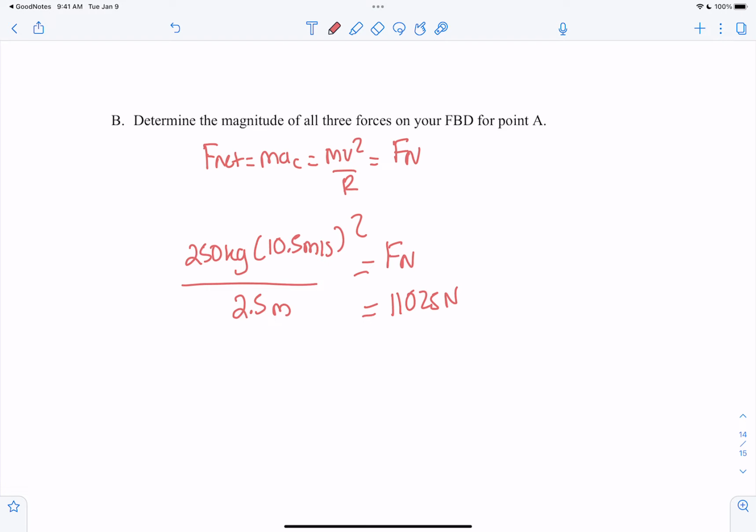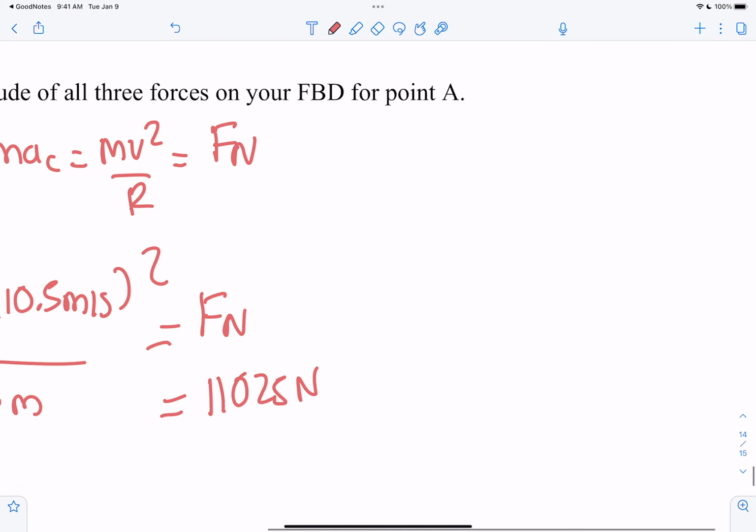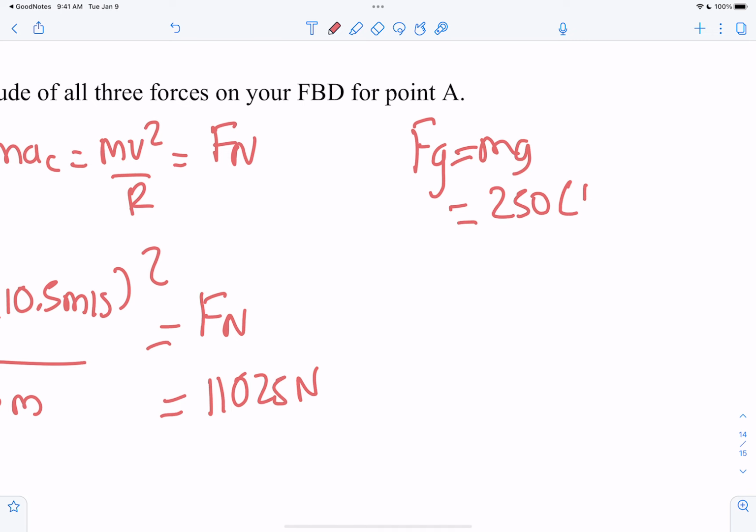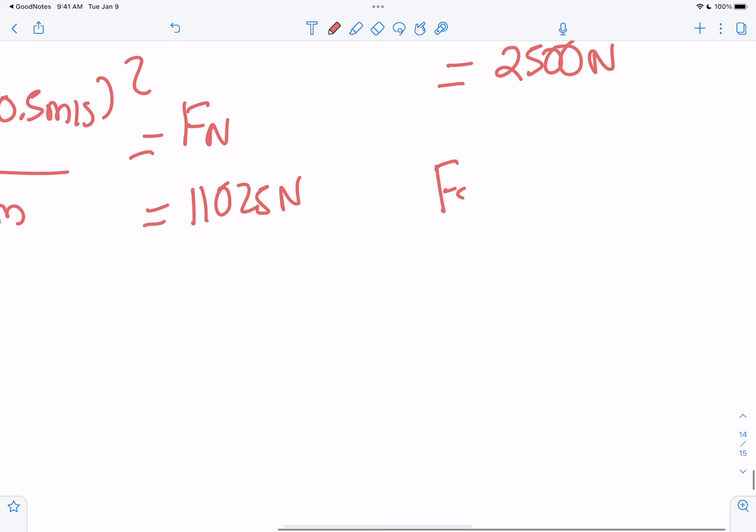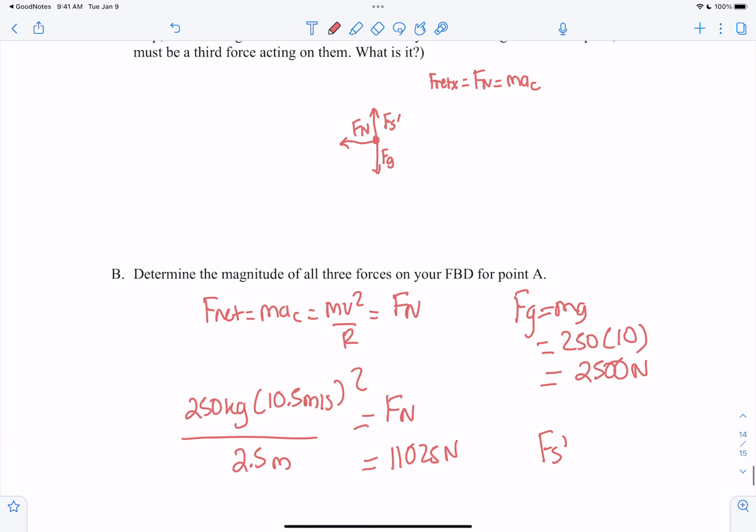For normal force, that's 11,025 newtons. Now for gravity, that's simple. Gravity is just equal to mg. So that's 250 times 10, which is 2,500 newtons. And for static friction, that's also pretty simple, because we already said that these forces have to cancel out in order for the normal force to be the only force in question here to offer centripetal acceleration, centripetal force.